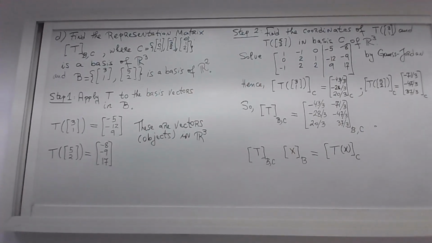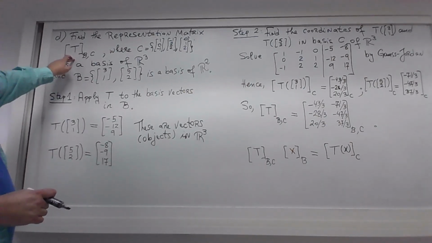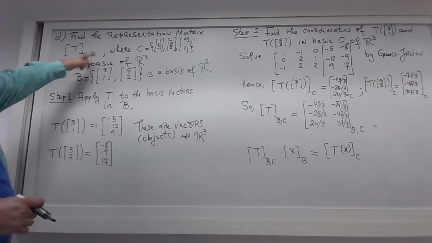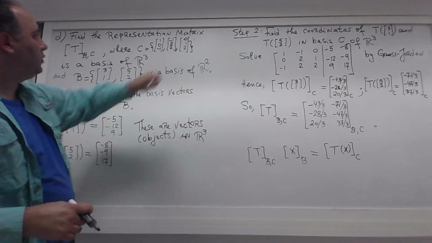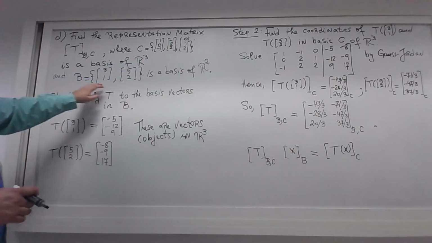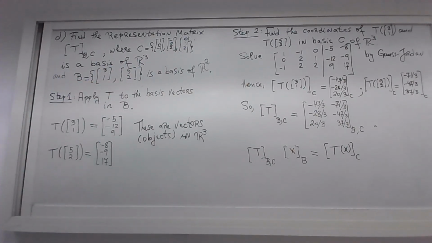In the last part, let's make things a little bit more spicy, and let's find the representation matrix relative to the basis B for inputs and basis C for outputs, the bases that we already saw. So basis C for R3 is given here, the previous basis C, and basis B is this basis for R2, given also previously.